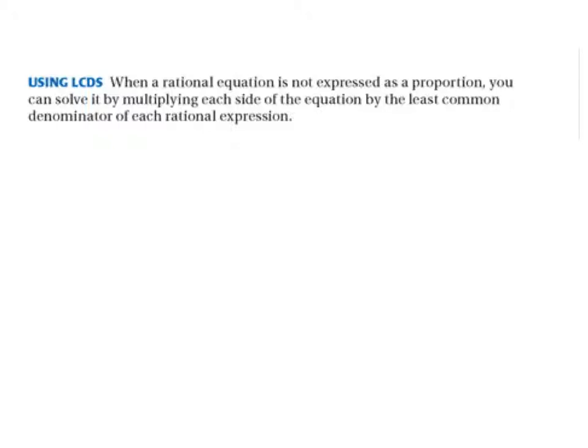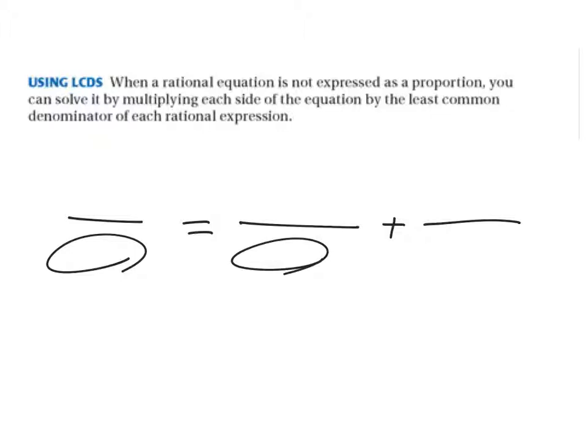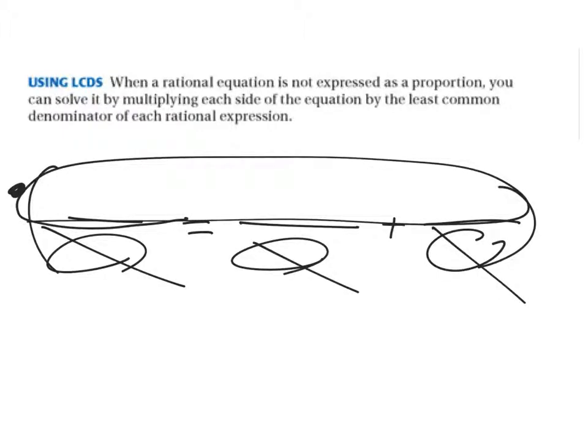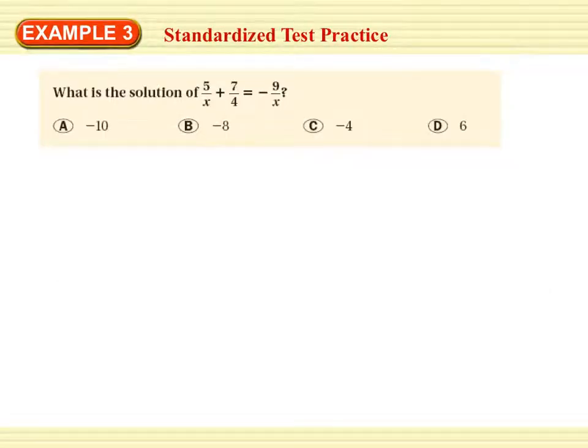What it means is if I have something like this, I'm going to find my least common denominator and just go ahead and multiply it out front, which will cancel everything out, and I'll be left with just the numerators. Let's see if I can make that make sense to you.